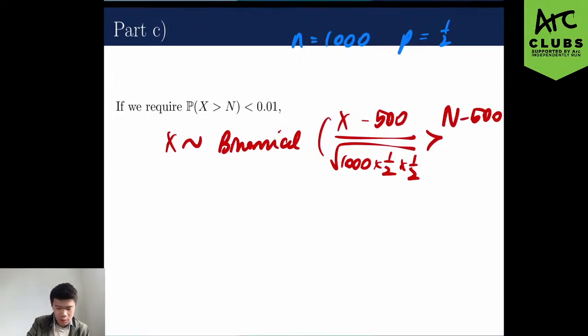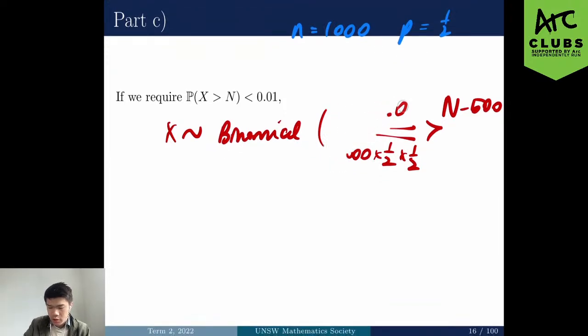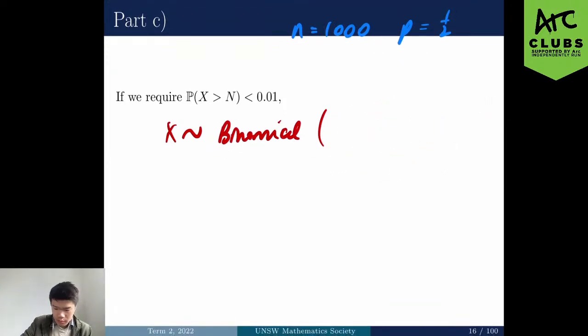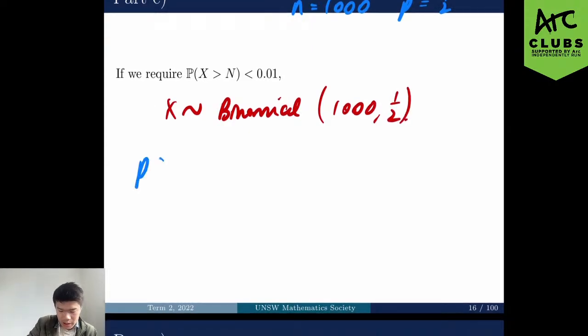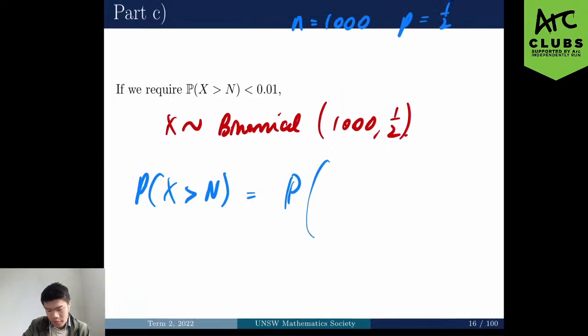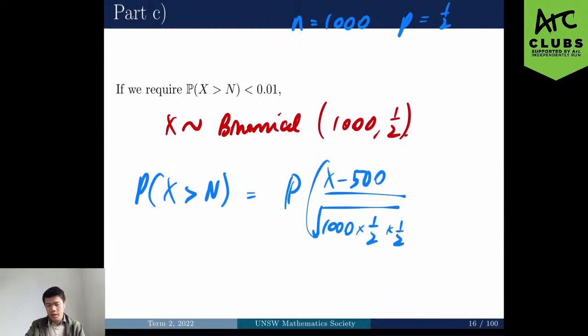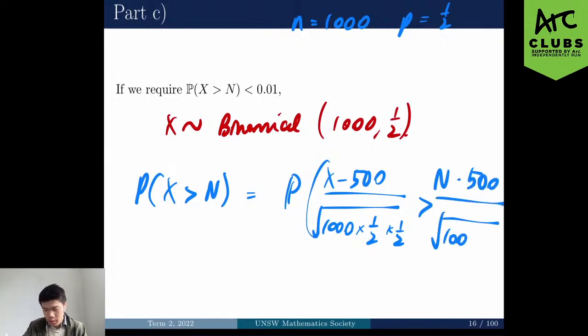Oh, actually, I'll just rewrite this. So X is binomial, 1,000, a half. And so that means this thing, we can standardize it, is equal to the probability that (X minus 500) divided by the square root of 1,000 times a half is greater than, doing the same thing on the right-hand side, (n minus 500) divided by the square root of 1,000 times a half.